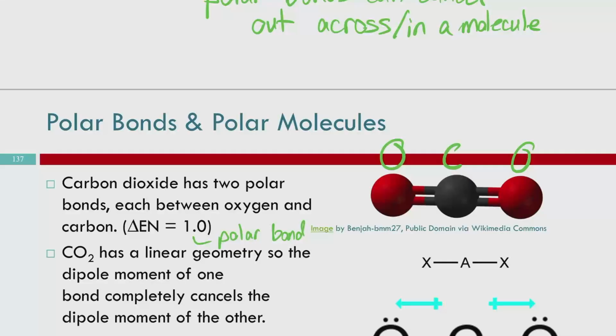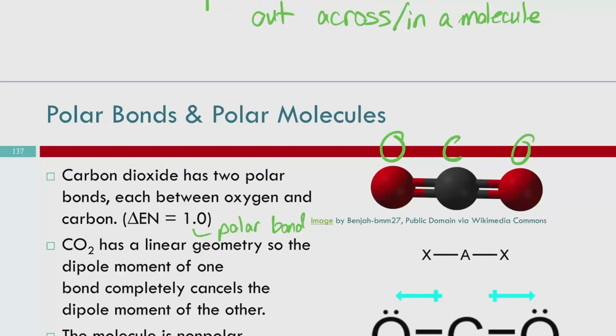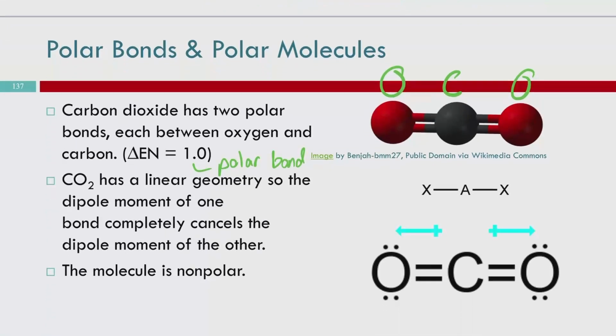Right, it falls between our 0.4 and our 2.0. However, they're pointing in completely opposite directions. So it's oxygens on the outside with the little tiny baby carbon in the middle, and the big, strong, burly oxygens on the outside, both pulling on the little tiny baby carbon in the middle. Carbon's just kind of hanging there, is what I imagine it.